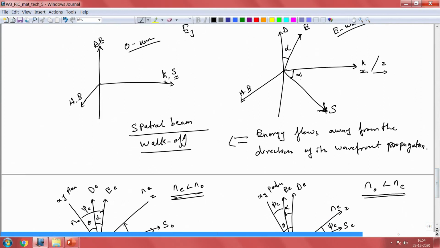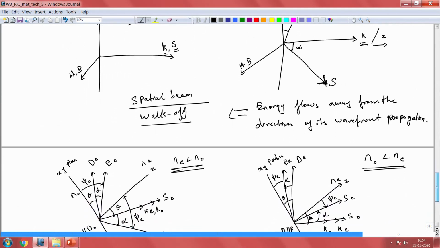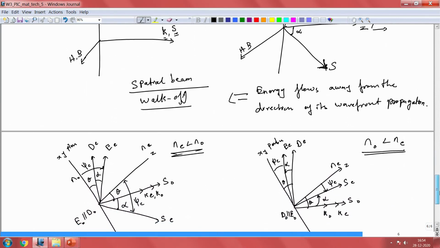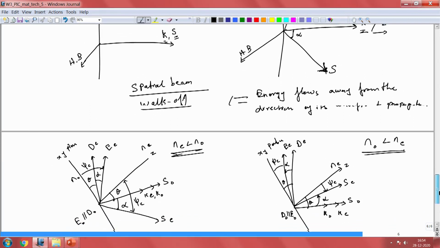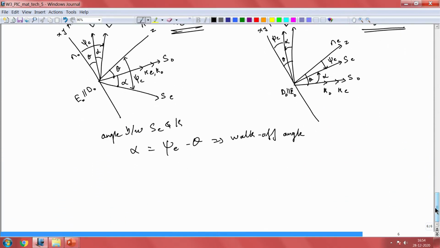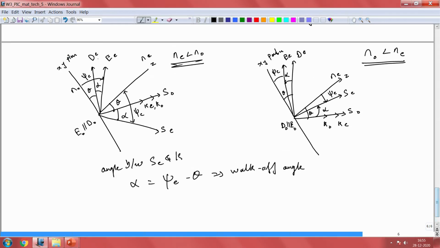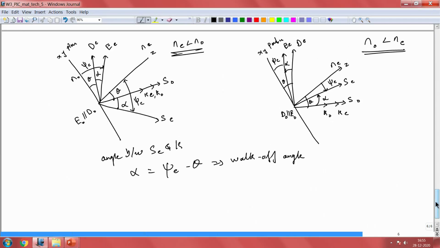We saw this alpha here, showing how far the energy is going to deviate from the propagation direction. So that is our alpha. Alpha is also the angle between EE and DE. Let us look at what this actual alpha is.